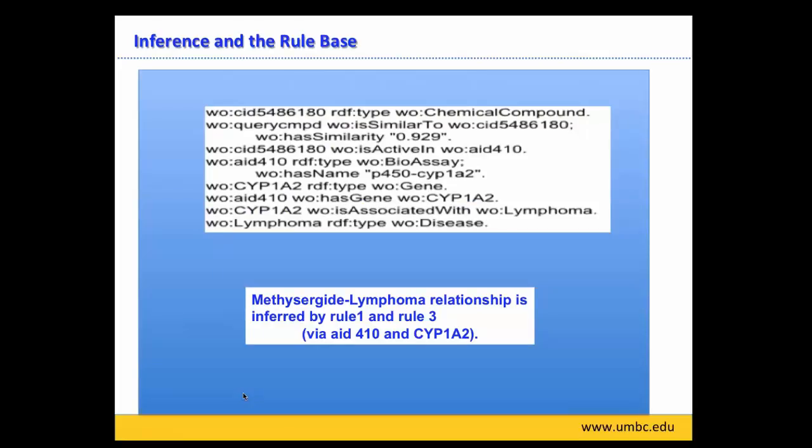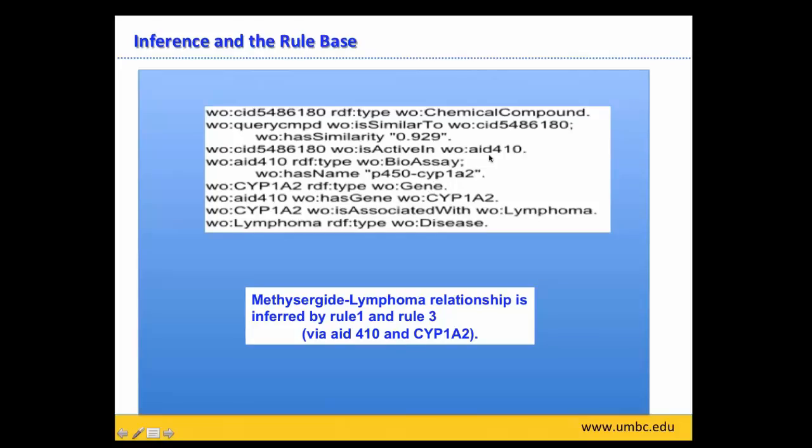And this is an example to show how the instance data is presented on top of this ontology. One of the chemical compounds is similar to the query compound we chose, which is methoxysteride. They have a chemical structure similarity of 0.929.